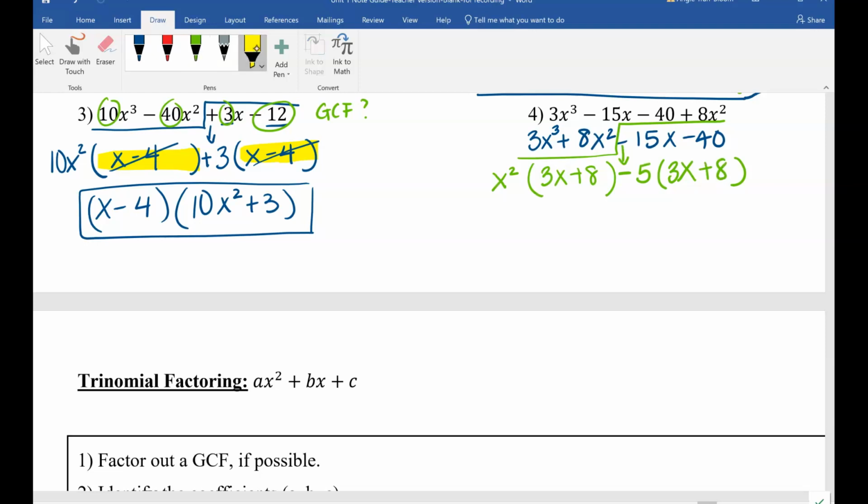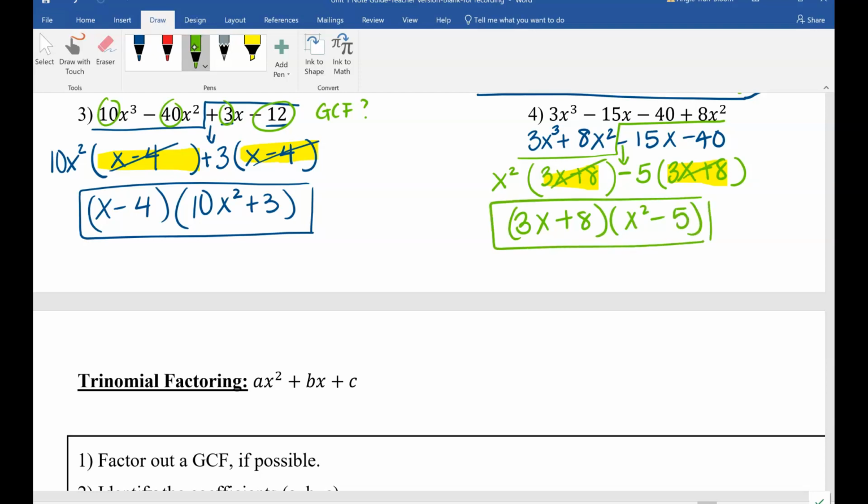Woohoo! Lucky us. We have that and that right there in common. So we can totally factor that out again. So 3x plus 8, box that up. We are left with x squared minus 5. Bam! Box that up.